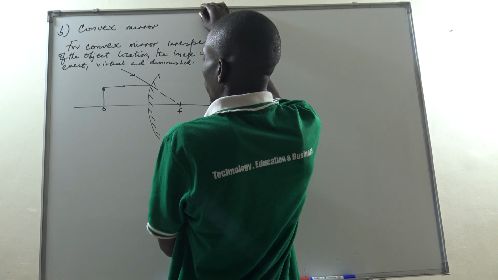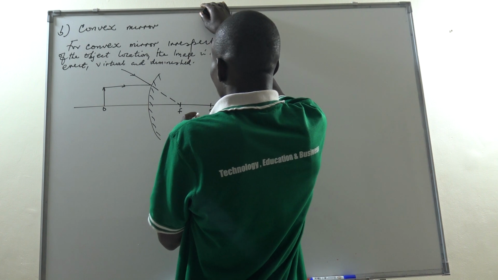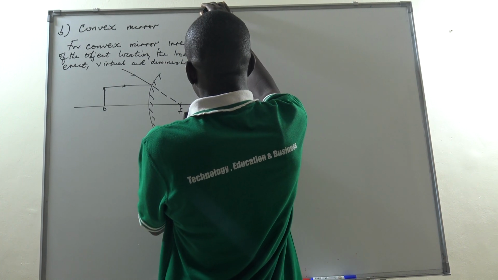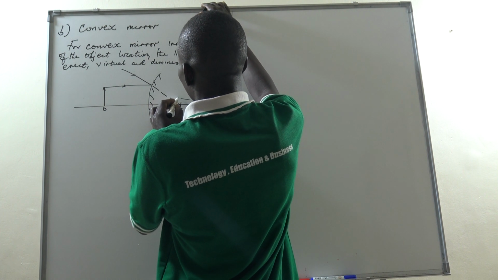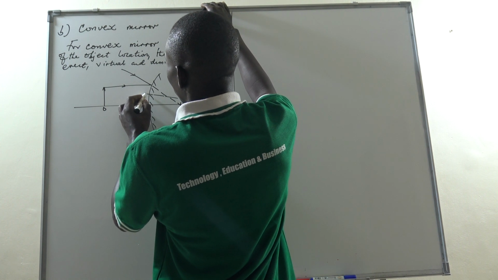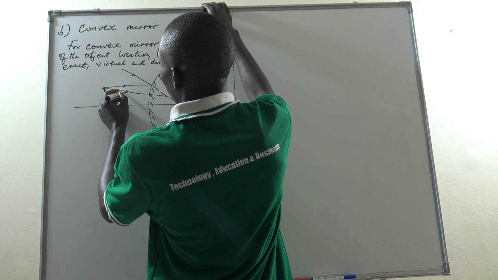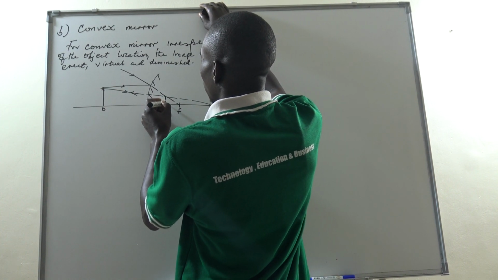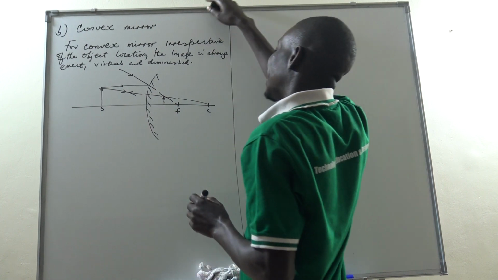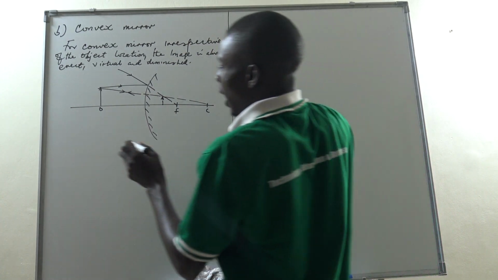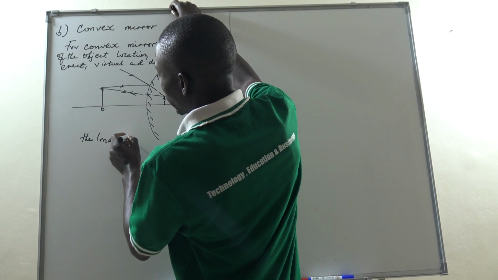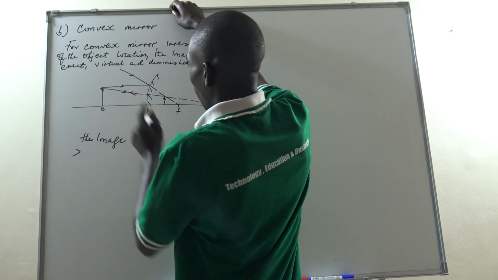If this is the center of curvature, then I will have light rays from here, and it will move along the same path. The intersection of this will give us the image. And here we are saying that the image has the properties you have been mentioning.